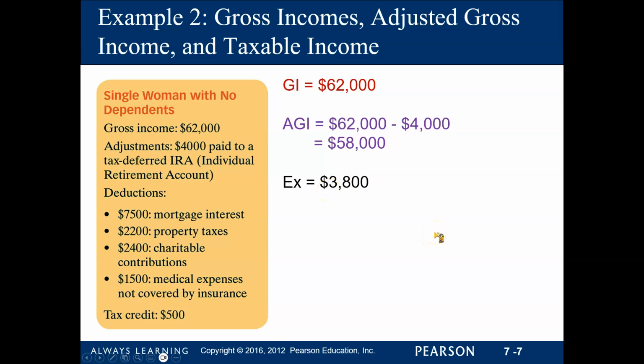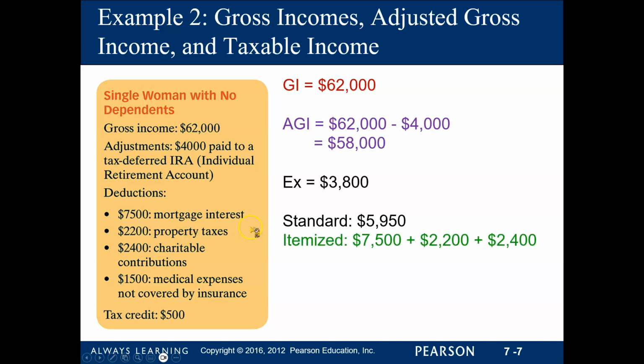Now, we decide on the deduction. Again, the deduction for a single person is $5,950. That's the standard one. But we have to compare it against the itemized deduction. As you can see, one of the itemized deductions is more than $5,950 already. So you know that the itemized deduction is the one that we will use.